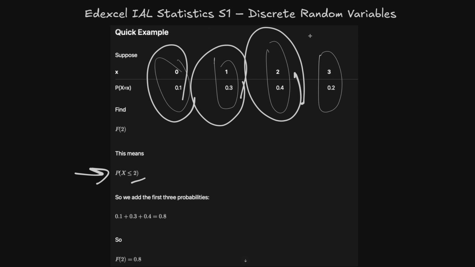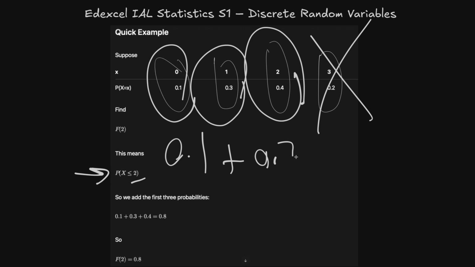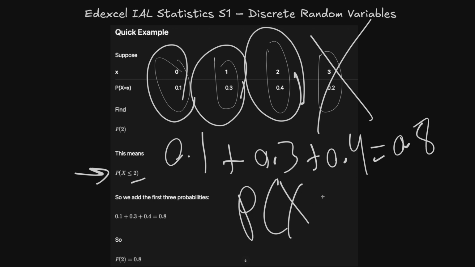So not 3. We're not looking at 3. So the probability of X being 0 is 0.1, plus the probability of X being 1 is 0.3, and the probability of X being 2 is 0.4, and this adds up to 0.8. So the probability of big X being less than or equal to 2 is equal to 0.8.